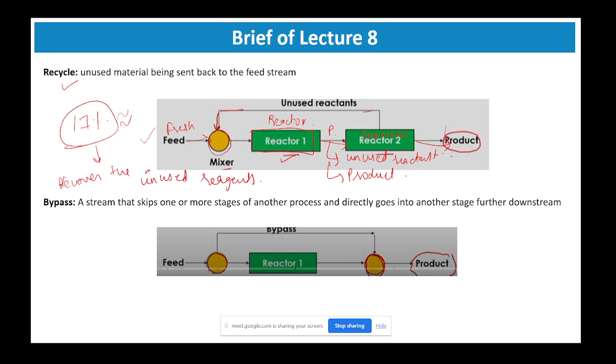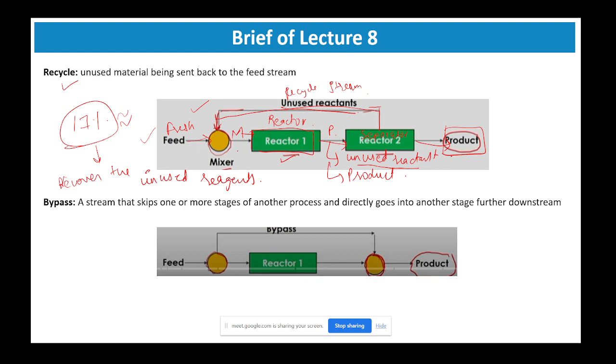We recover the product, and we send the recovered unused reactant to the original reactor. Actually, we mix the fresh feed and the recycled stream that contains this unused reactant, and the mixed stream passes through the actual reactor.